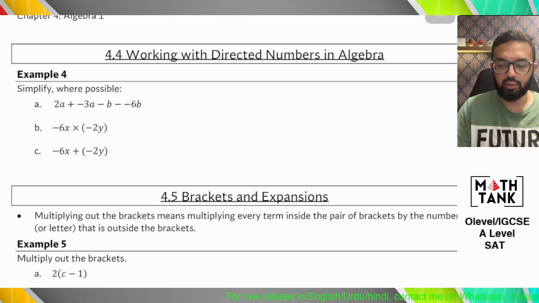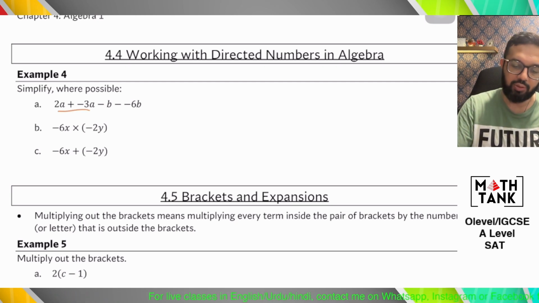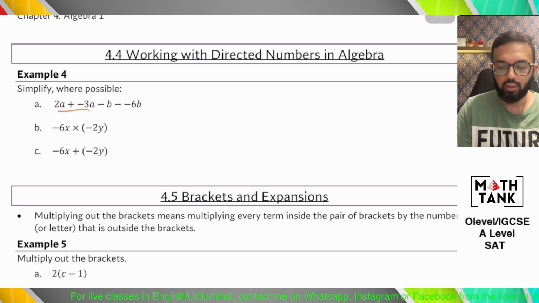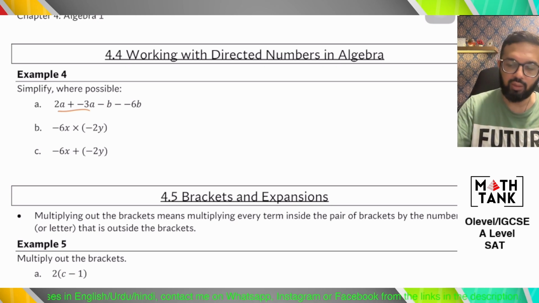Then working with directed numbers. Remember that directed numbers are the same as they were in earlier chapters. So this would give me 2a minus 3b minus 3a minus b and plus 6b.